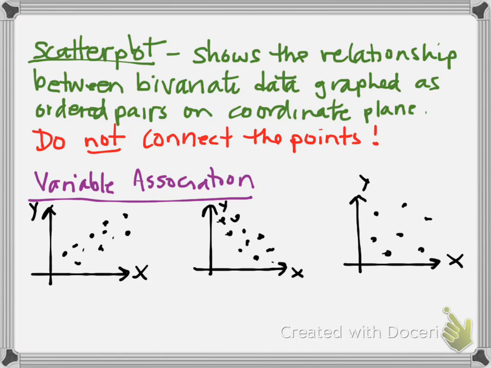Now, in this particular book, they use the word association. So is there an association that takes place between what's on the x-axis and what's on the y-axis? In the algebra book, they use the word correlation, and that's the word that I have used more when it comes to studying statistics. Is there a correlation? So here's what you're visualizing.